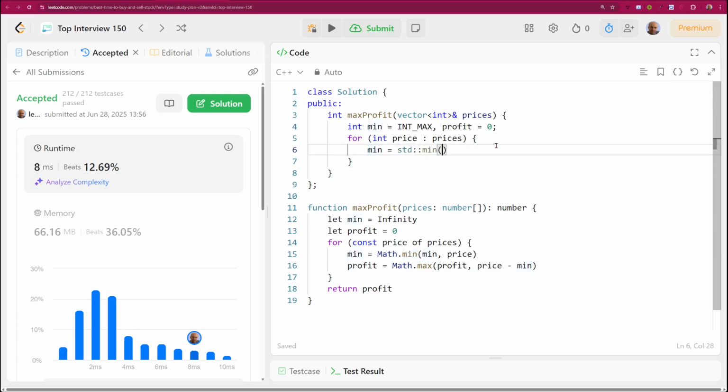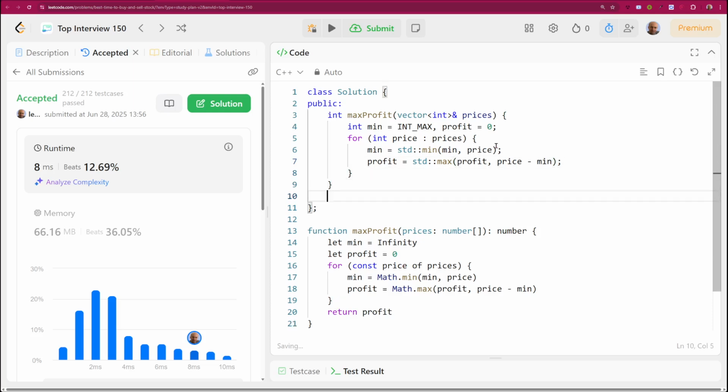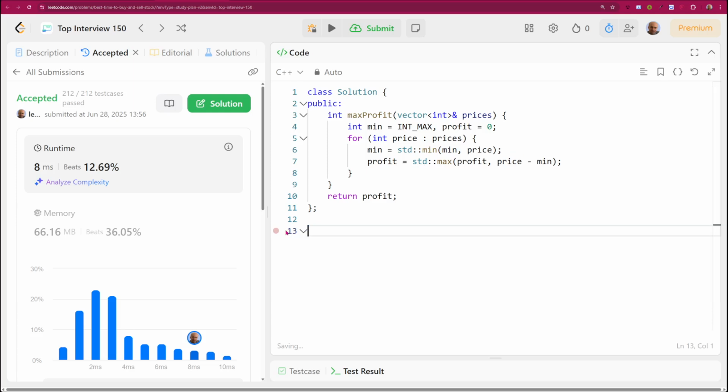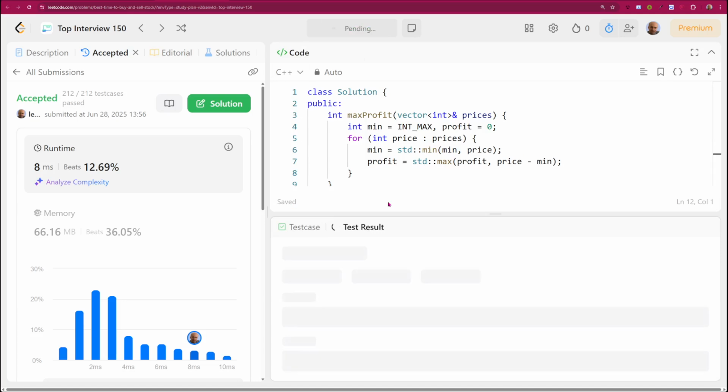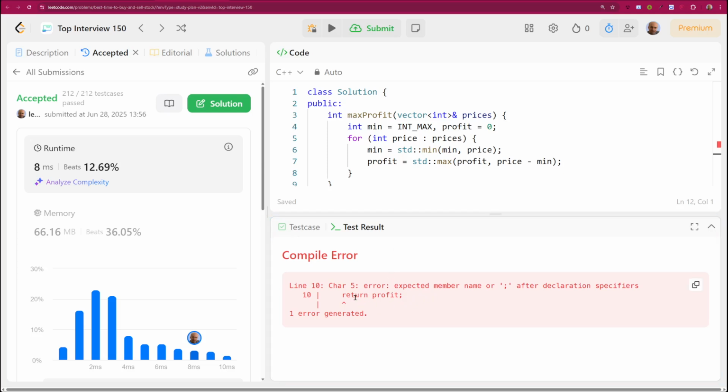std. So are we going to have a clash of names? And then profit is the maximum of profit and price minus min. And here we return profit. Let's see what happens. Okay.